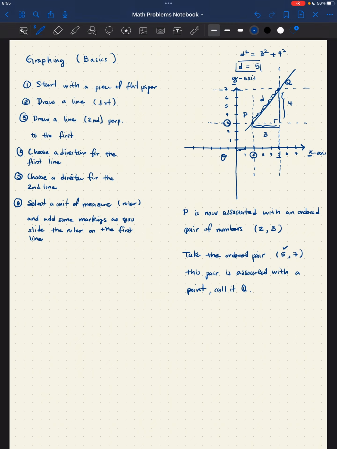So the distance in the units that we selected from the point P to the point Q is 5. Well, we can also provide different formulas for this, right? So we now have an efficient way of measuring distance.